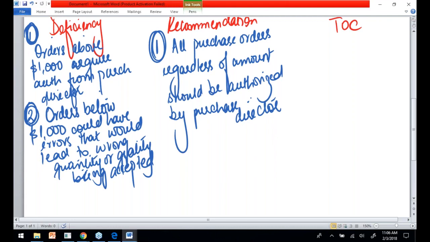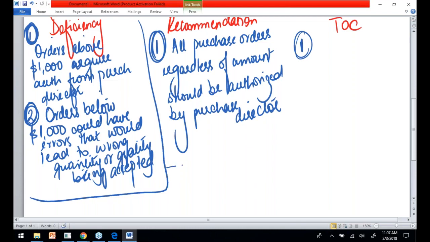All right. Now we come to TOC. I want you guys all to pay attention. For TOC, I'm going to ignore the deficiency. I'm going to focus on the recommendation. Remember, to write the TOC, ignore the deficiency, focus on the recommendation.